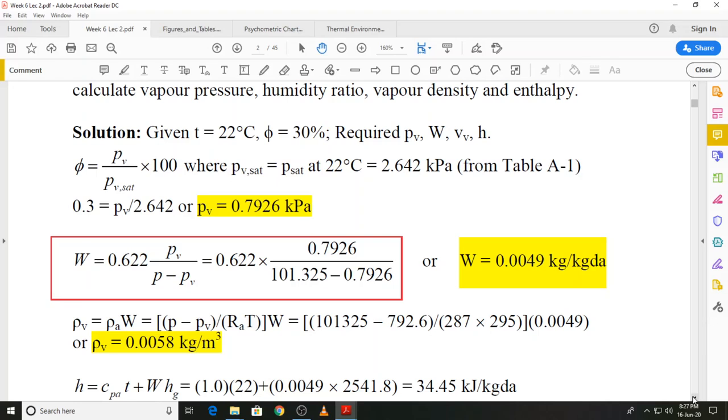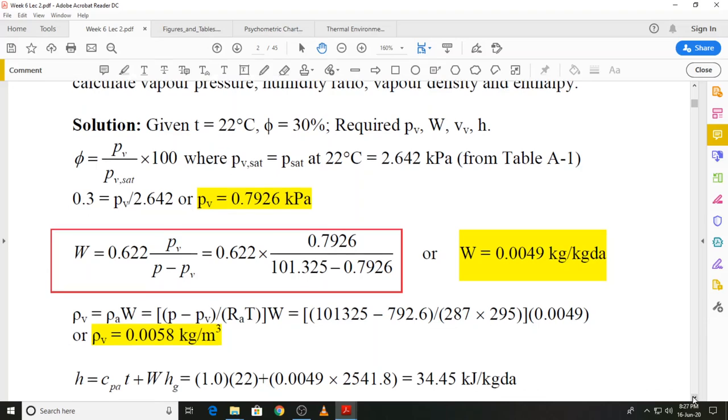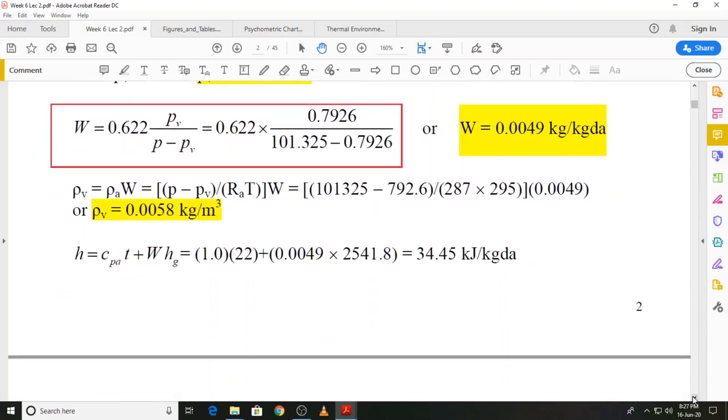Then the last property is the specific enthalpy of the mixture, and the equation again you can refer to the previous expression, H is equal to CPA times T. CP is the specific heat of air, with the value 1 kilojoule per kilogram per Kelvin.